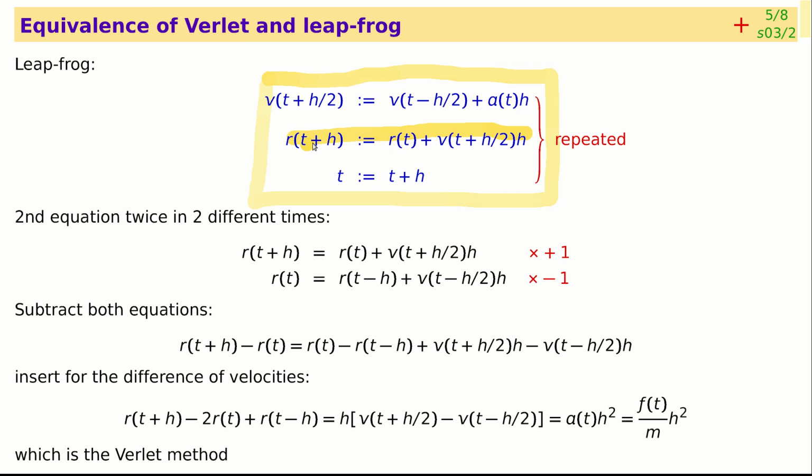So this is the same, and I'll write this equation once more for one time step in the history. And I subtract both equations, and what I get is this minus this is here, this minus this is here, and here's the rest.